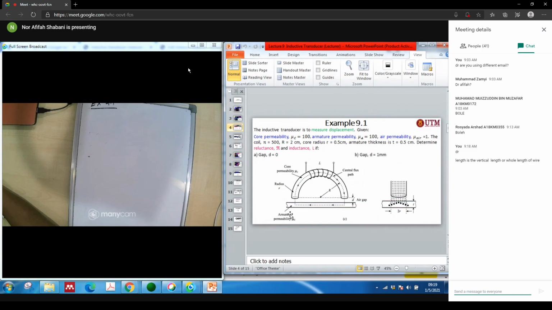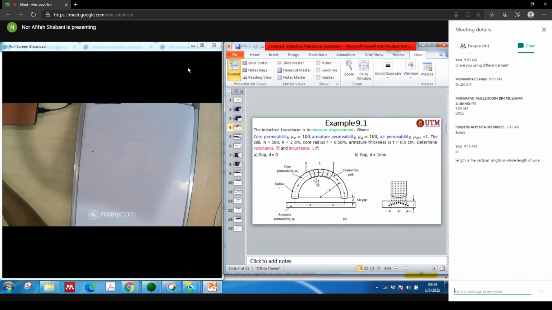So you have the arm permeability, mu A equal to 100, and of course the air permeability, mu air equal to 1. Then the coil has N equal to 500, and R is the radius equal to 2 cm.